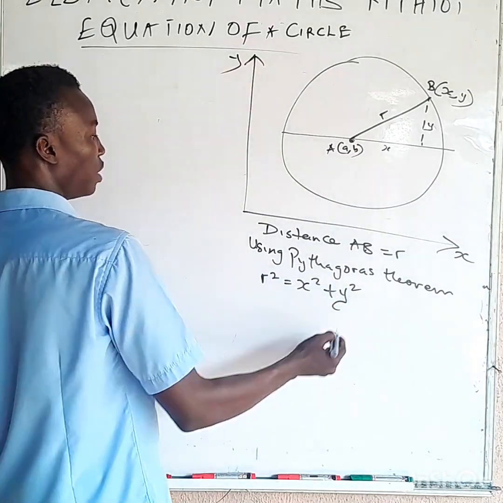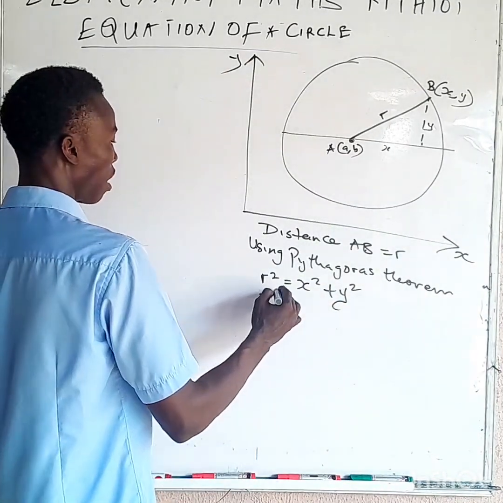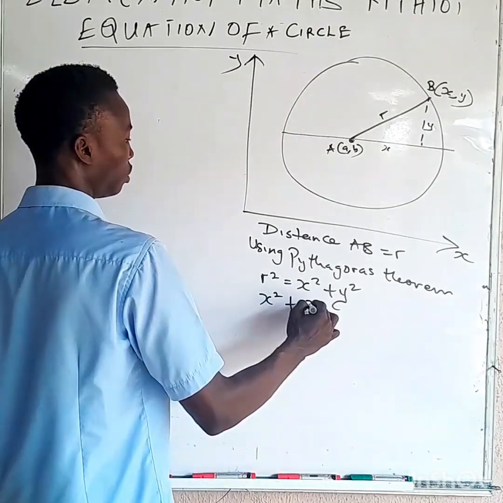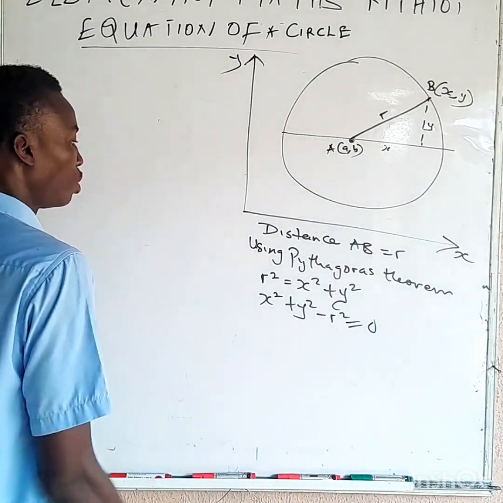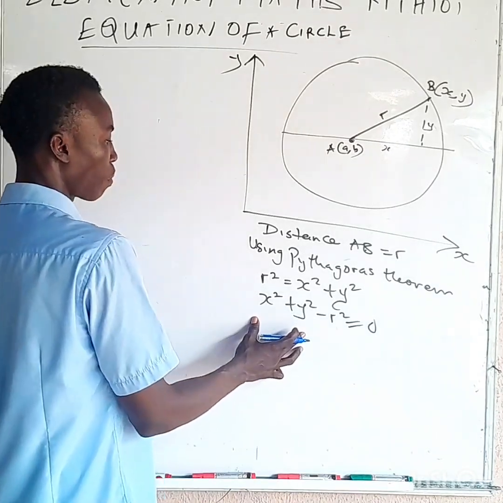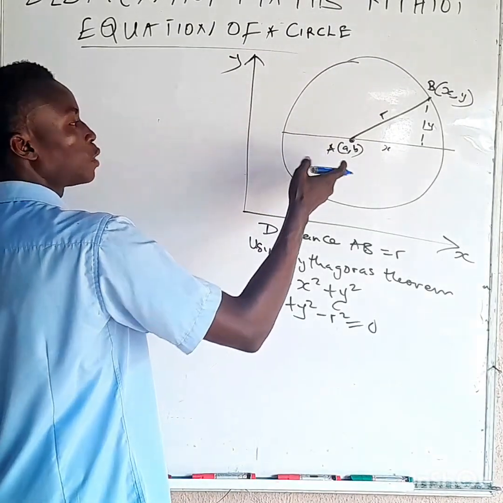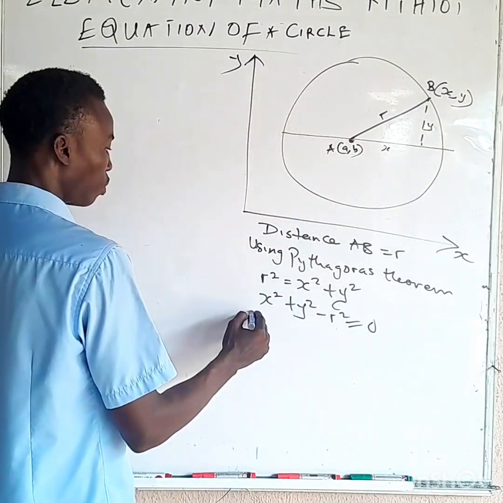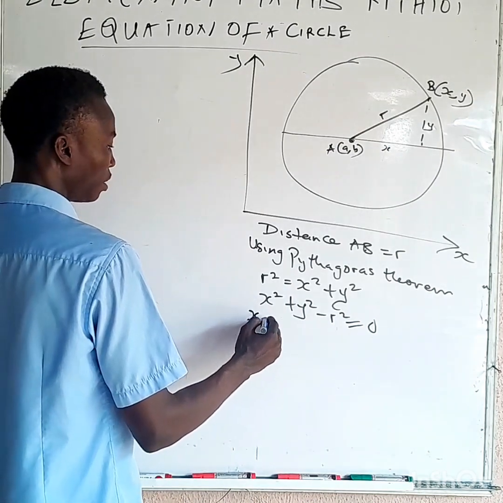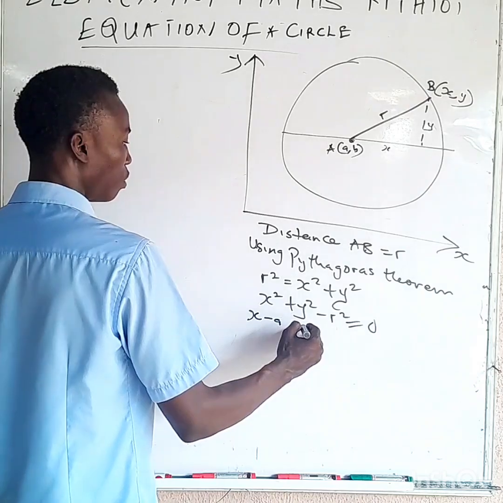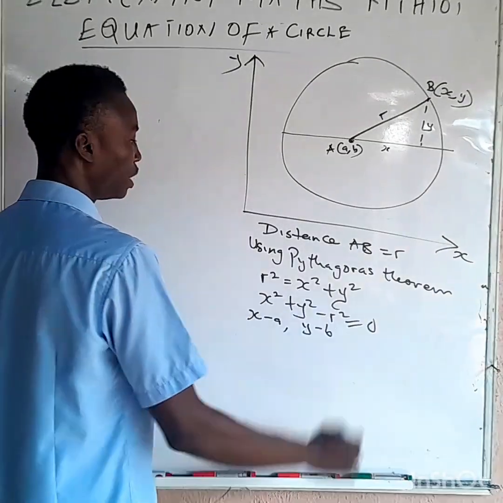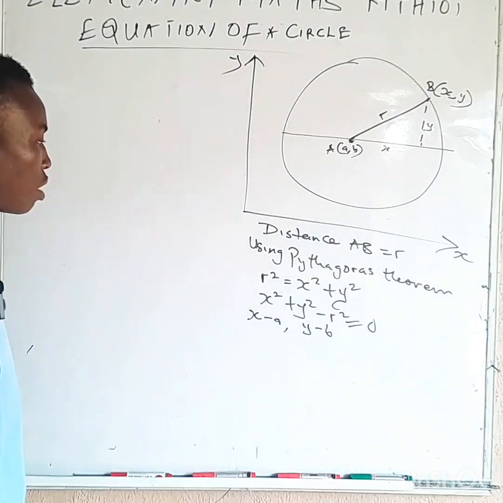And if you bring the r in, you are going to have x squared plus y squared minus r squared equals 0. So the equation that you have in this place, you now equate with respect to each coordinate. So we are going to have our x going for A, then our y going for B there.